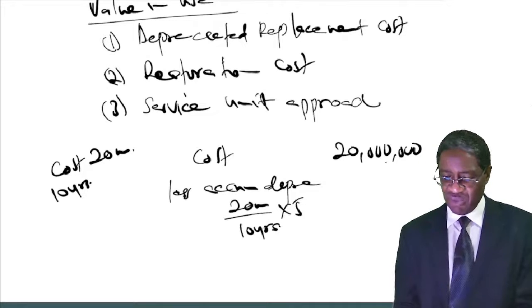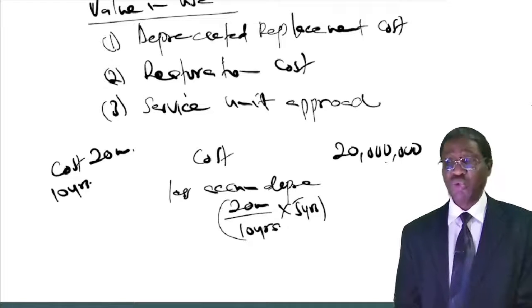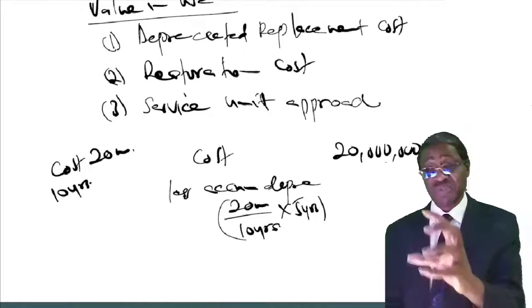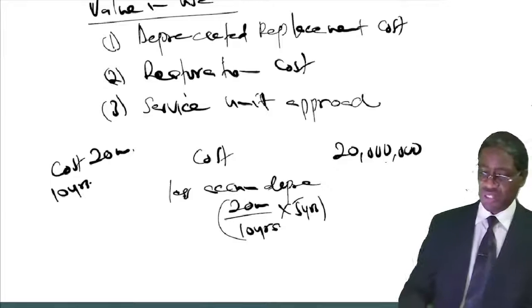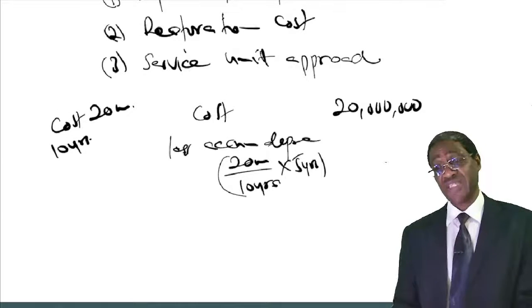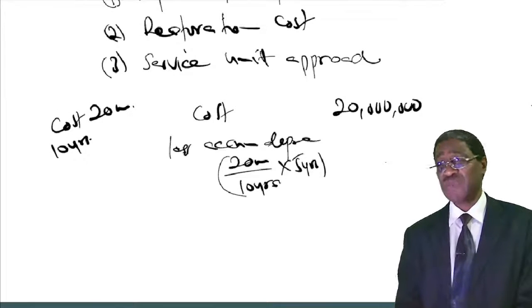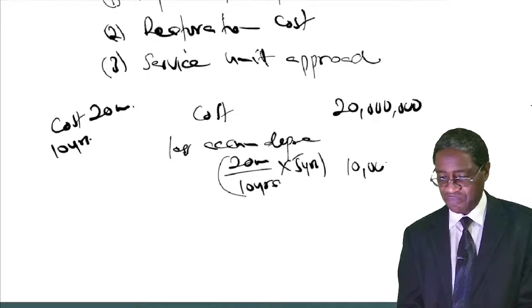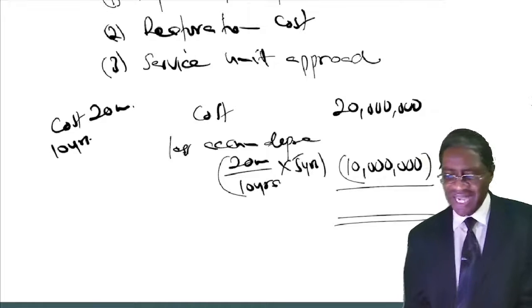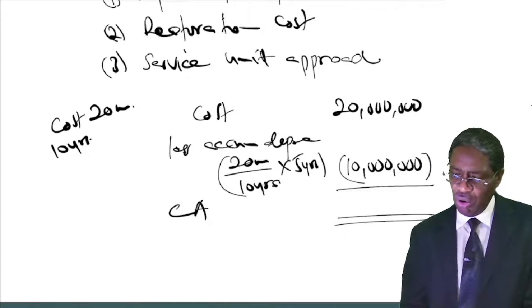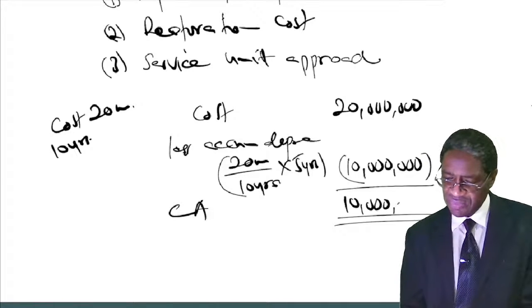For 5 years I've been depreciating it, so the accumulated depreciation is 2 times 5, that's 10 million. So by the time I'm testing for impairment, my asset has a carrying amount of another 10 million.